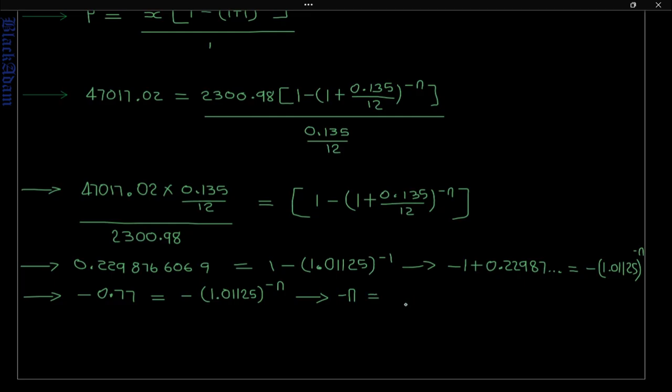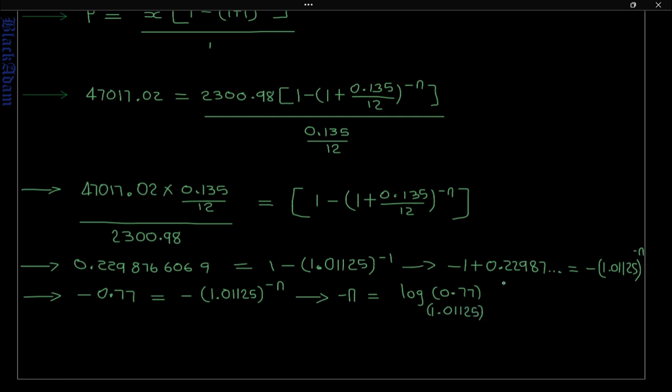n. Negative n equals, becomes positive on both sides, so negative n equals log 0.77, and the base is going to be 1.01125.